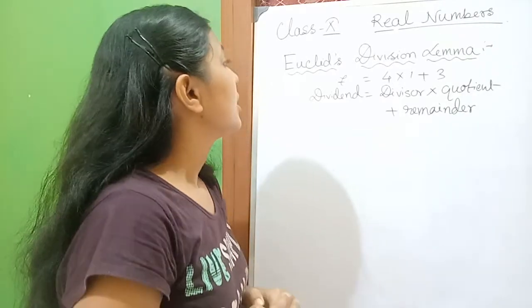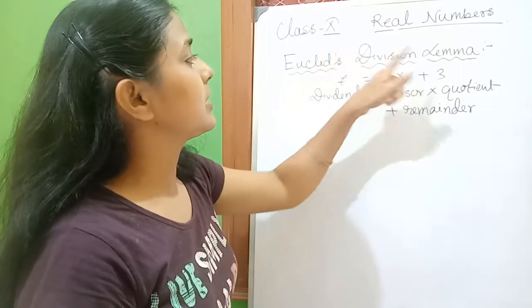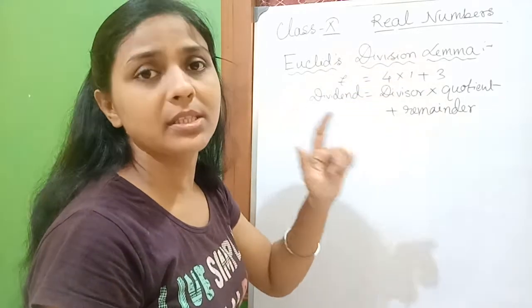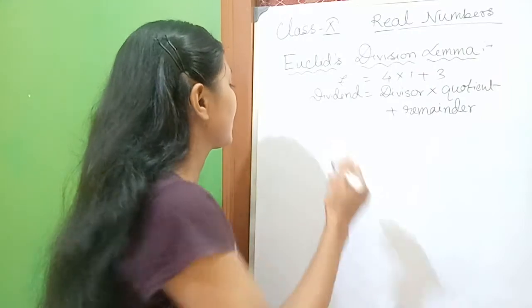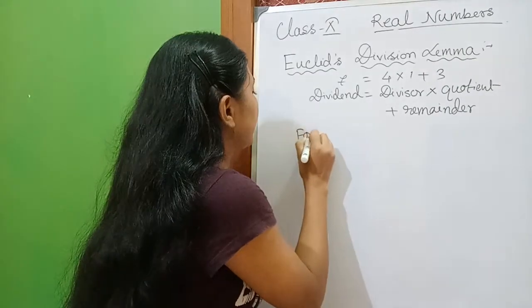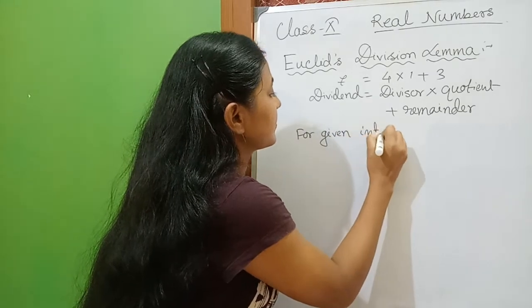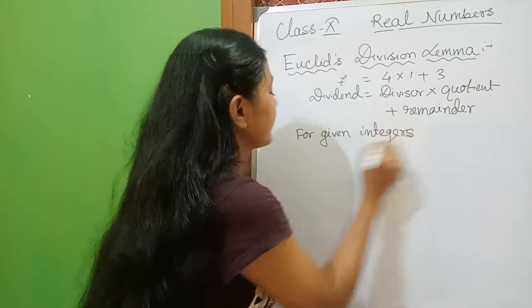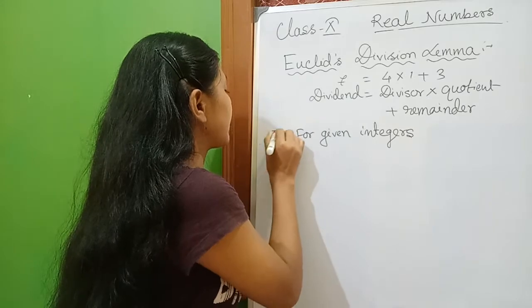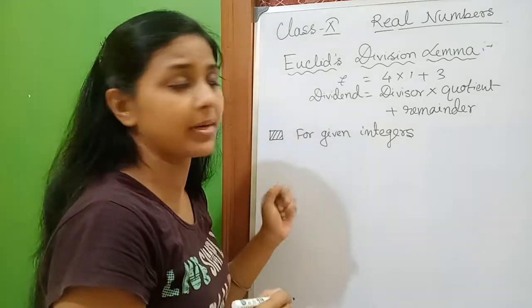Okay, so Euclid's division lemma's particular statement is, for given integers, this is the statement of Euclid's division lemma I am writing.